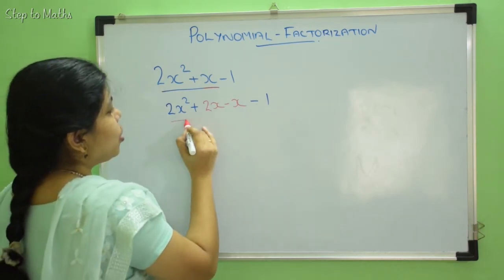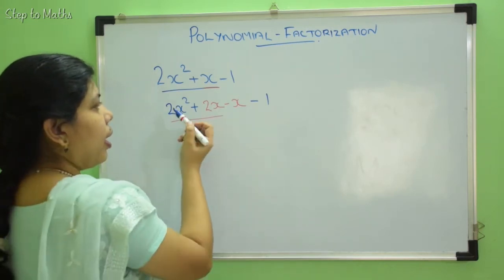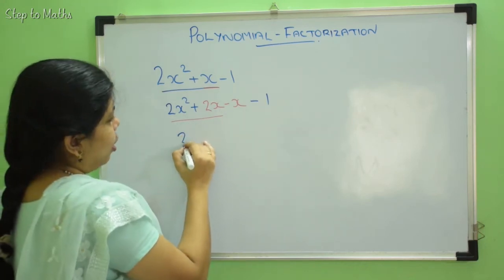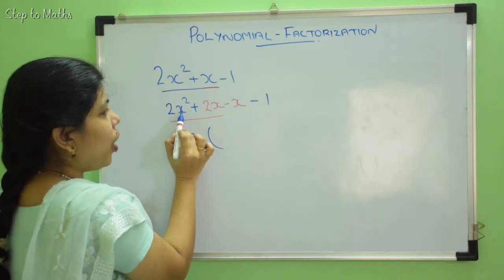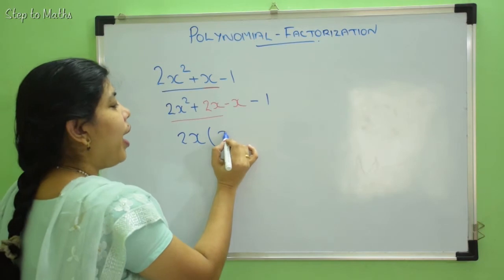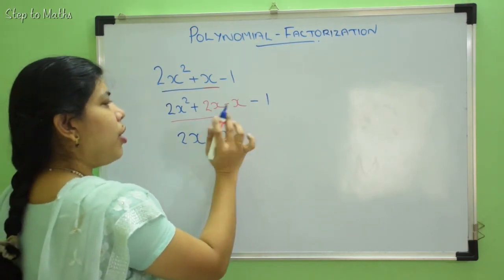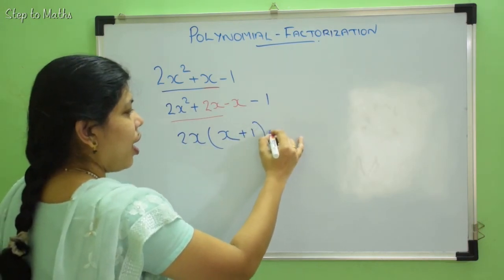Now consider these two terms, 2x square plus 2x. Here 2x is common, so we can write 2x into (x plus 1).